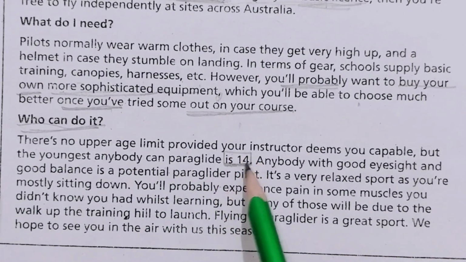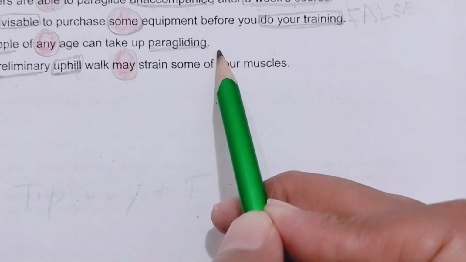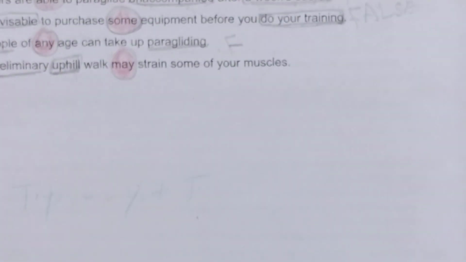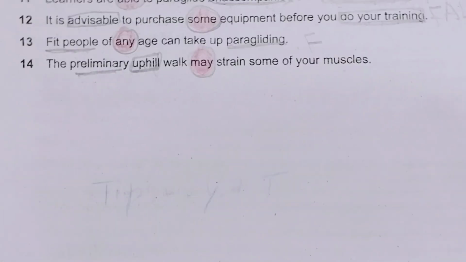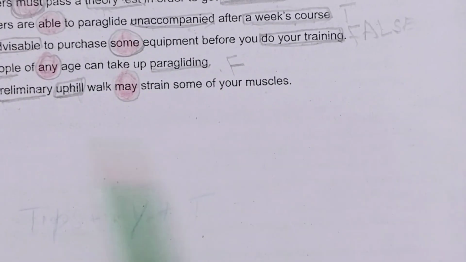Here they are saying fit people of any age can take up paragliding. So what do you think should be the answer? Not any age: they have said no upper age limit, but for the youngest age they have advised 14. So our answer is false.